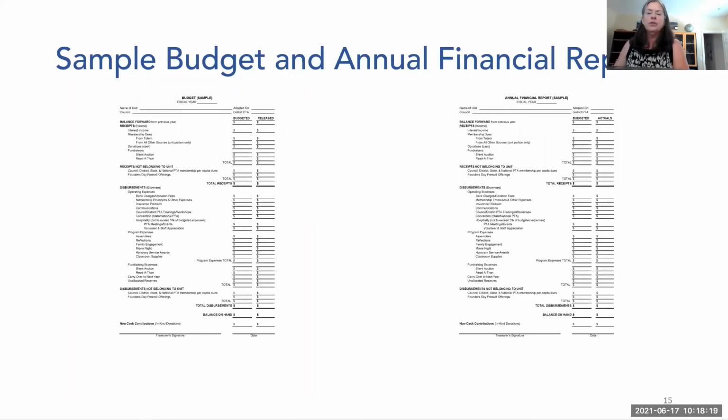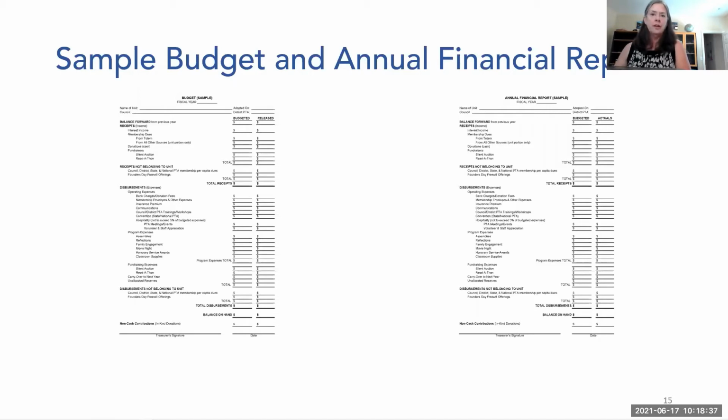I will say if you're using PTEZ, all PTAs have access to the document uploading portion and the officer management or roster list, all PTAs have access to that for free.